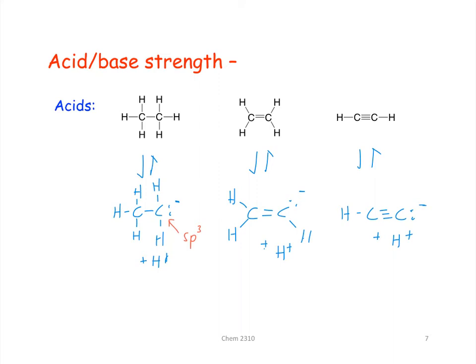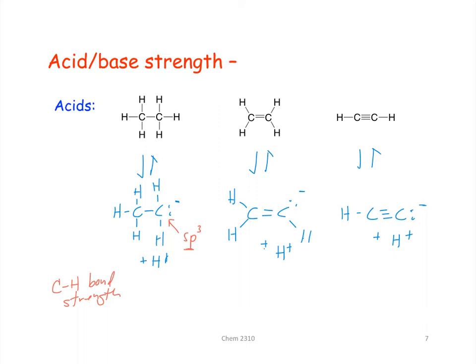One thing that seems like it would make sense would be the carbon-hydrogen bond strength. It seems to me that a stronger bond would be harder to break. Can you remember which one has a stronger bond strength? So the important thing actually was the hybridization.